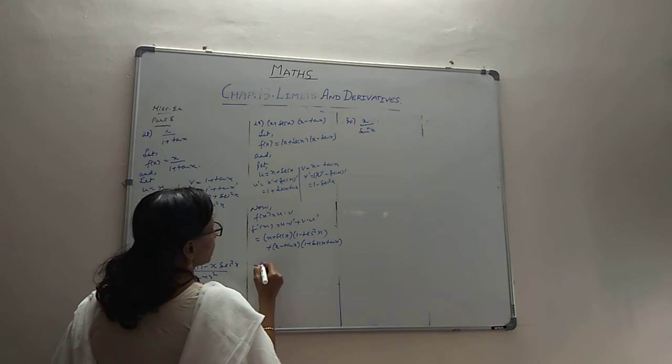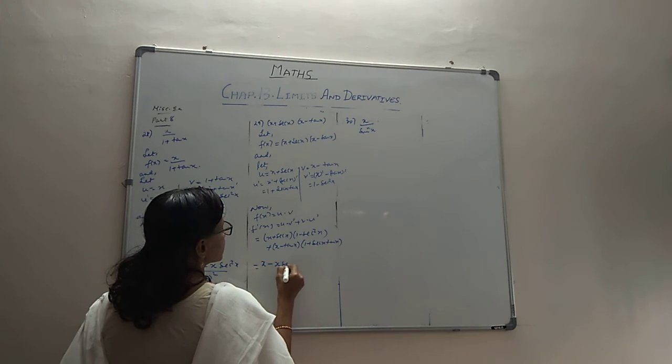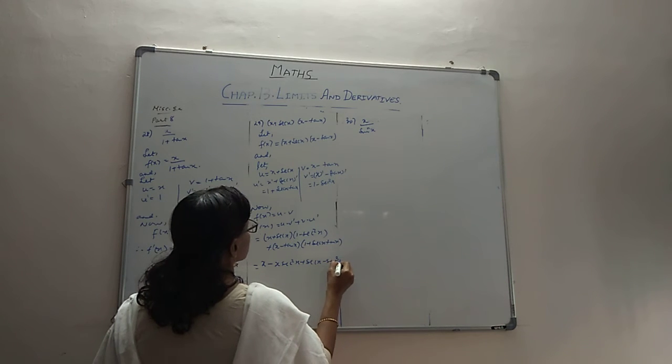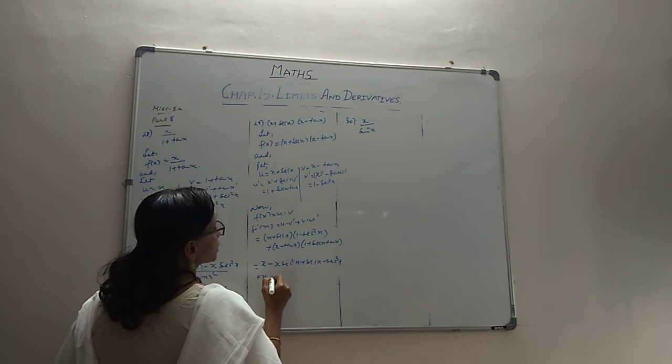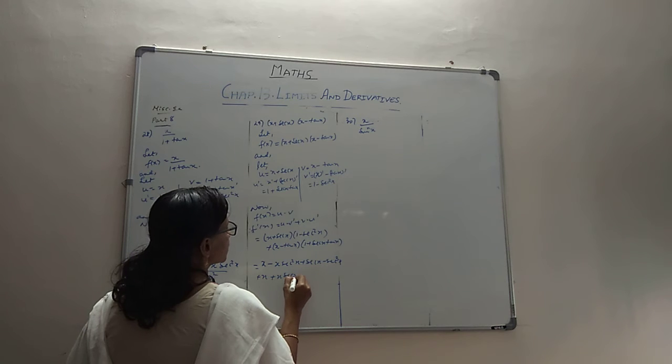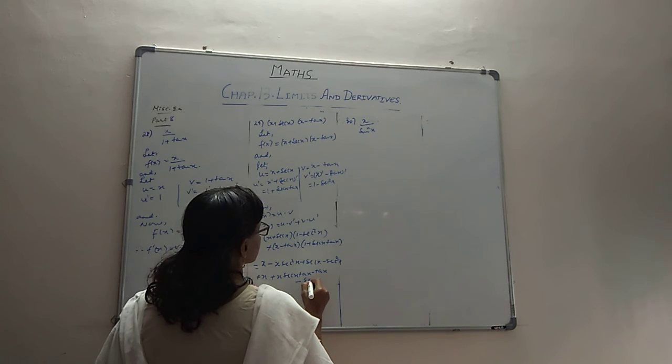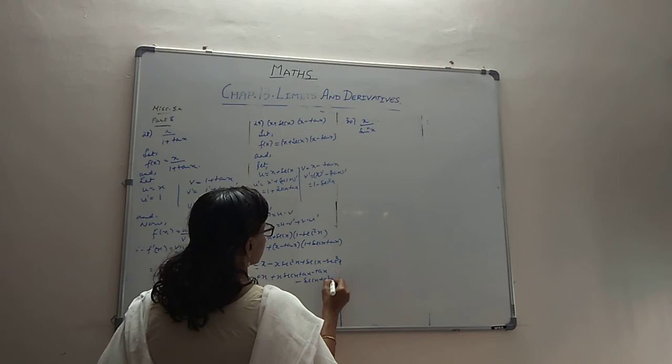If you want, we'll open it up. x minus x sec squared x, sec x minus sec cube x, then x sec x tan x minus tan x minus sec x tan squared x.